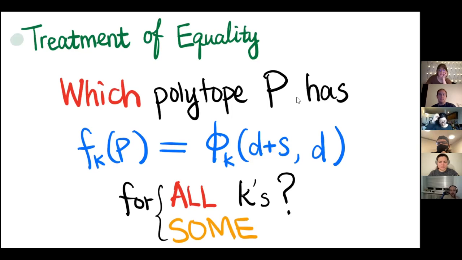For the first question, for all k, we're asking which polytope has the component-wise minimal f-vector. This is sort of done by Grünbaum, because Grünbaum made that conjecture, that mysterious formula, because he had some family of candidate polytopes in mind. So once we show the inequality, we actually have a minimizer.